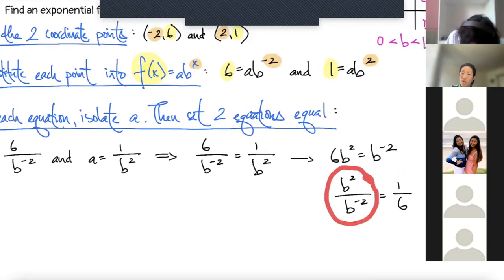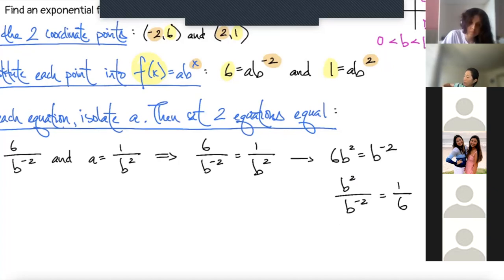What's another way of writing b squared over b to the negative 2? In other words, what is that exponential rule about how we can combine exponents? Because sometimes we can and sometimes we can't. Sometimes we add, sometimes we multiply, sometimes we subtract. What do we do here?